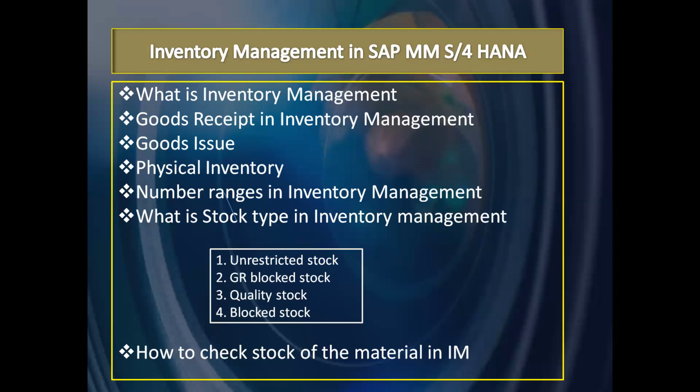At the same time, we need to update that material's stock quantity in the SAP system as well, so that we can track how much we ordered, how much we have physically received, and how much we have updated in the system. That is the goods receipt activity in simple words.